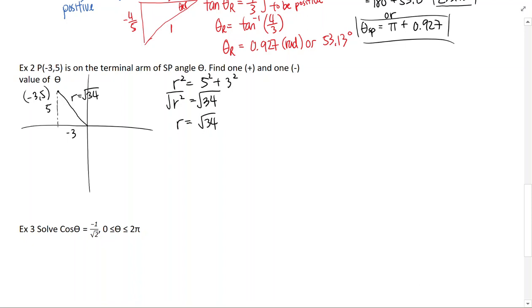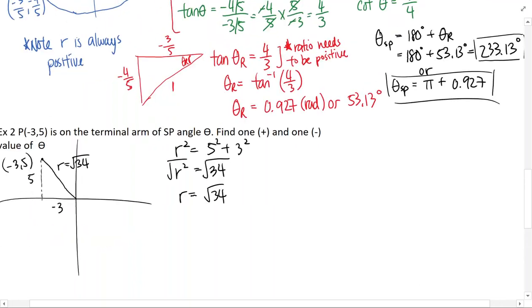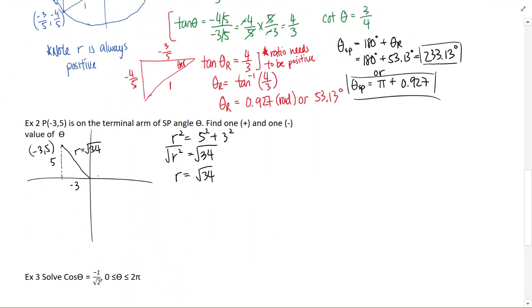Now that we have this, we need to find an angle. With the angle here, from the initial arm we could go this way to be positive, or we go from the initial arm in the clockwise direction, and that will bring us the negative.